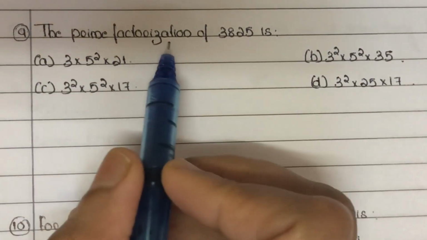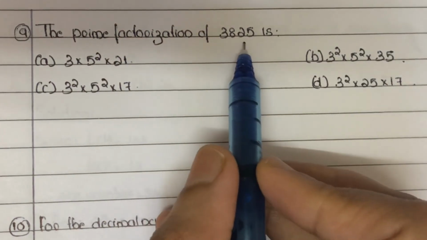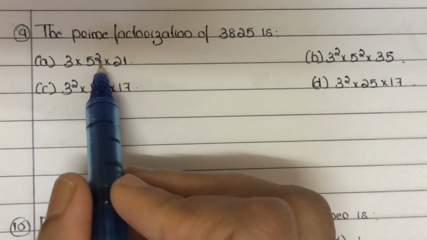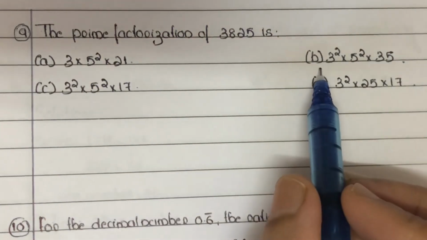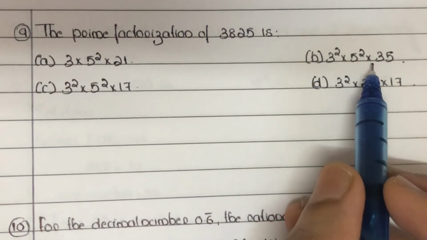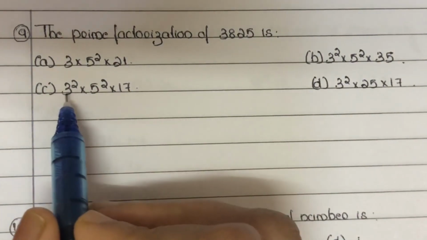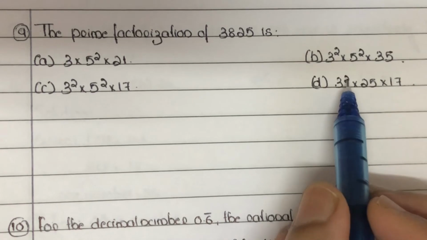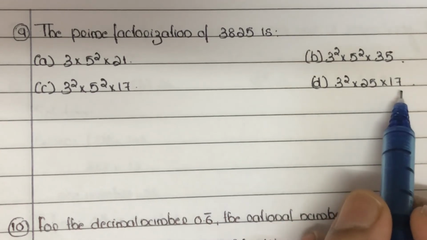Question number 9. The prime factorization of 3825 is option A 3 into 5 raised to 2 into 21, option B 3 square into 5 square into 35, option C 3 square into 5 square into 17, option D 3 square into 25 into 17.